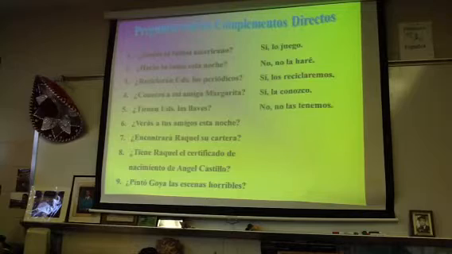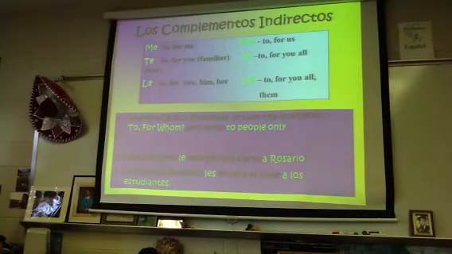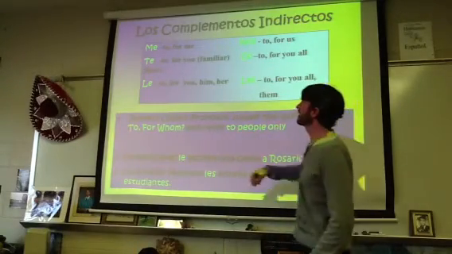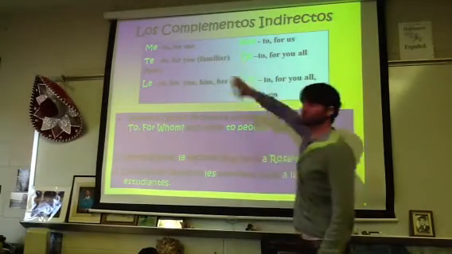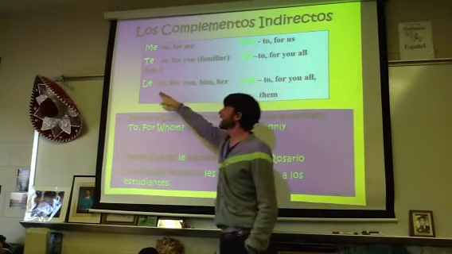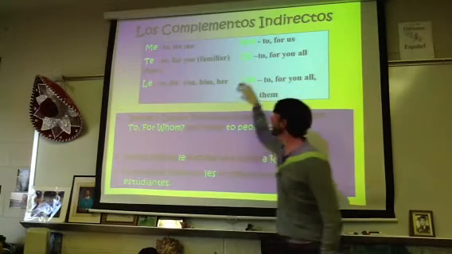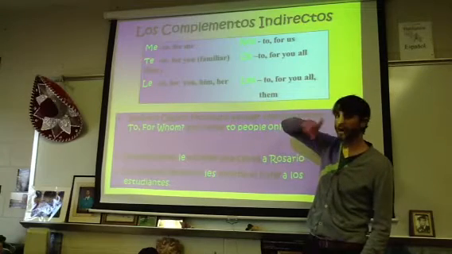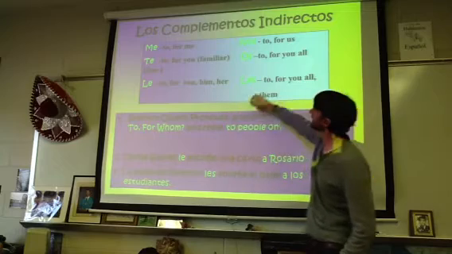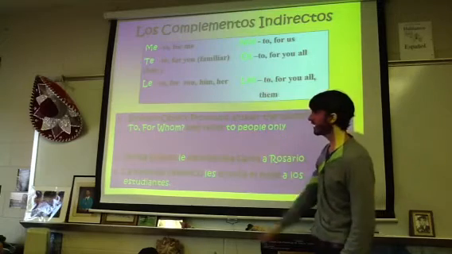Okay, let's go with the complementos indirectos, the indirect objects. Me, te, nos, os, exactly the same, okay? But the lo, la, los, las that we saw in the direct object pronouns are now le and les, okay?